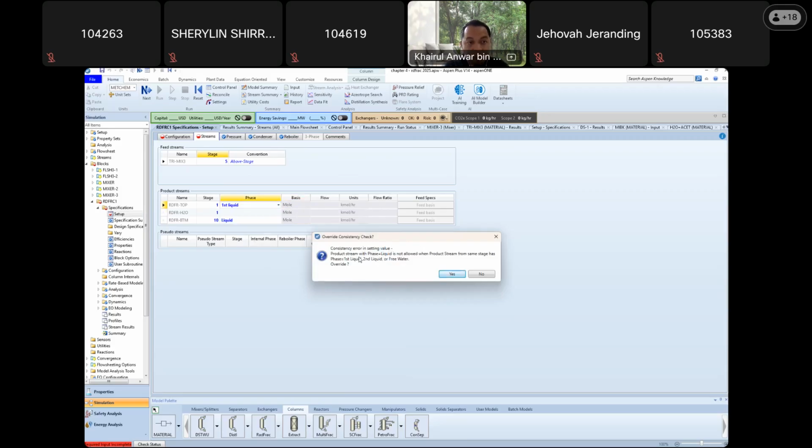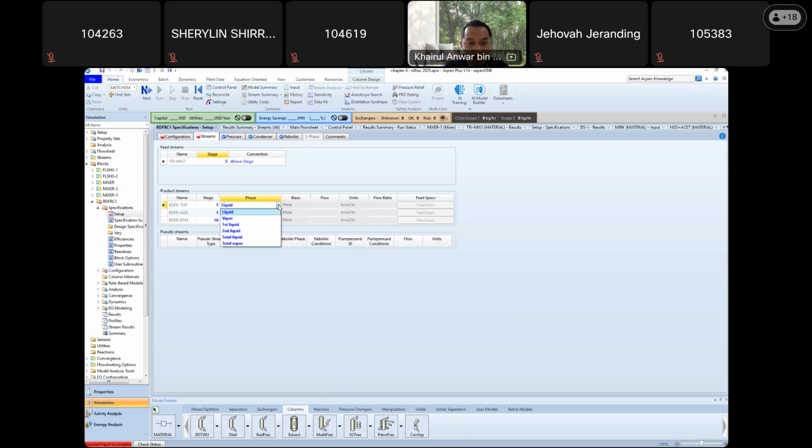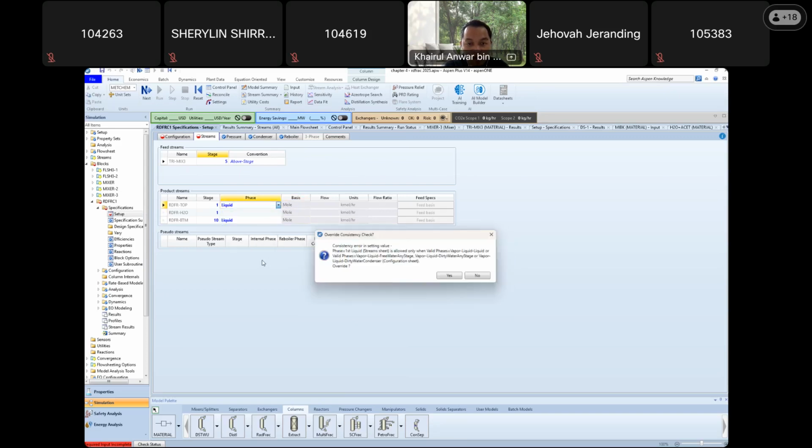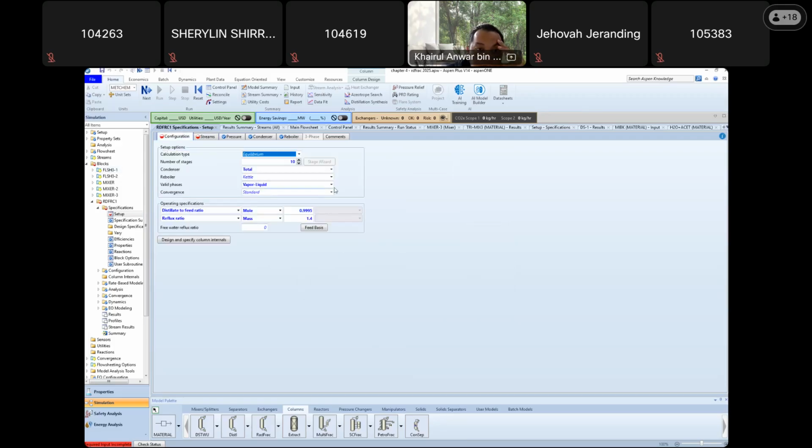Product stream with fast liquid is the allowed product stream from stem stages has phase 1. Oh, that one is fast liquid. Only when the basis vehicle is liquidated.